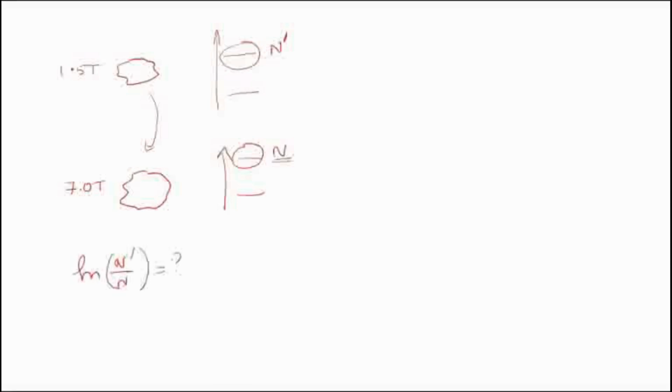We know very well the number of population in the excited state divided by the total number of molecules is equal to, this is the formula, degeneracy of the highest level, I'll write it as G prime, into e power minus E prime by KBT.